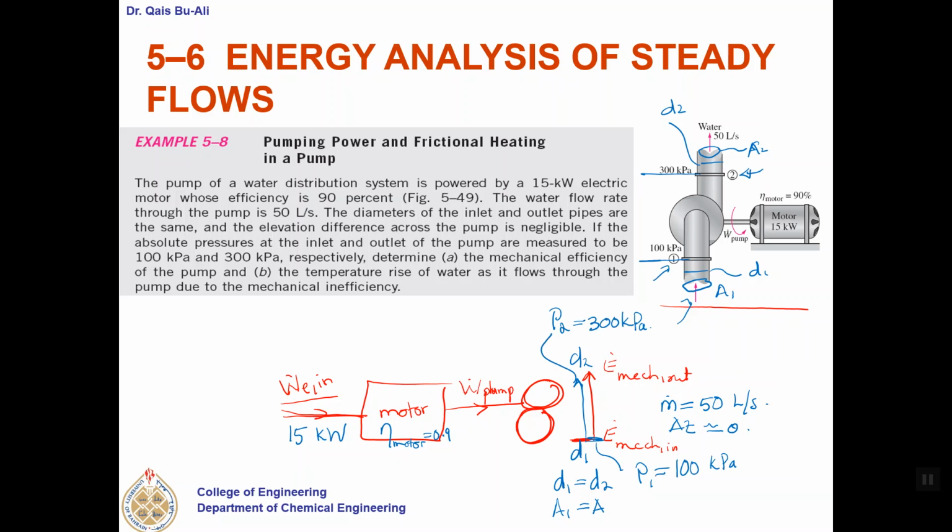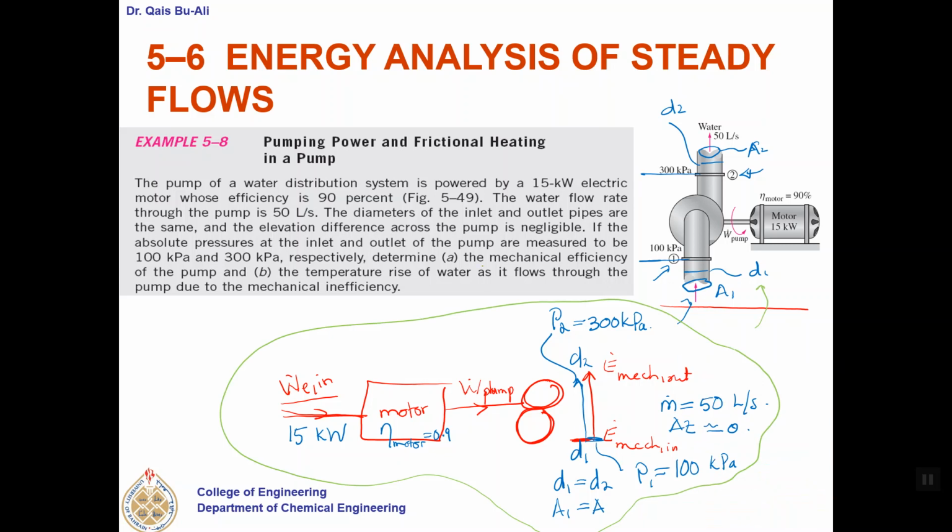It is better than my sketch. So it is 100 kilopascal here, 300 kilopascal there. This is a good representation of the problem. You can present it this way, an easy sketch for a guy like me who is bad at drawing. I will be happy if you do this for me, and this is how a professional one is drawn in the book.